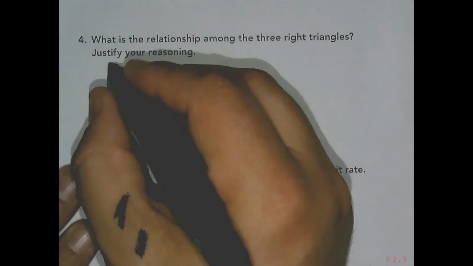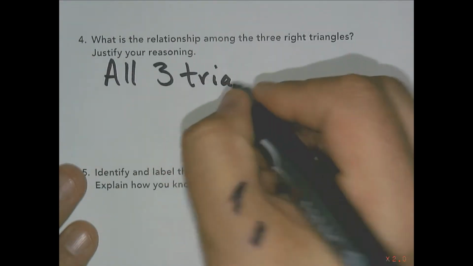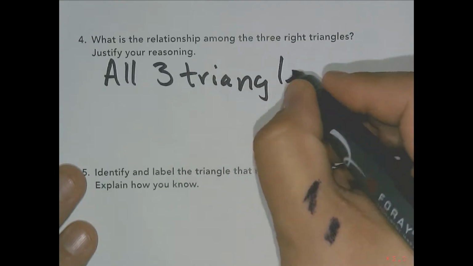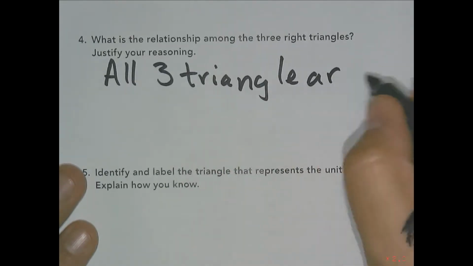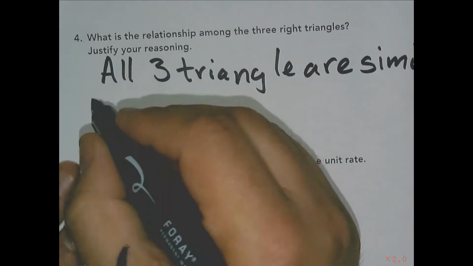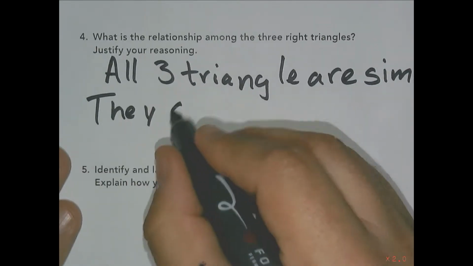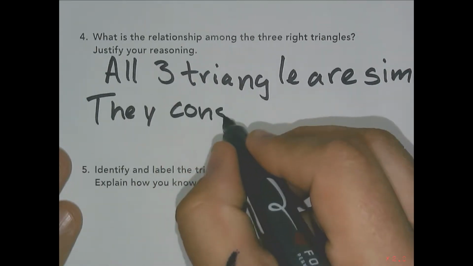So we would say all three triangles are similar. And if you don't remember what similar triangles means, it means they have congruent angles. Congruent means that they're the same angles.